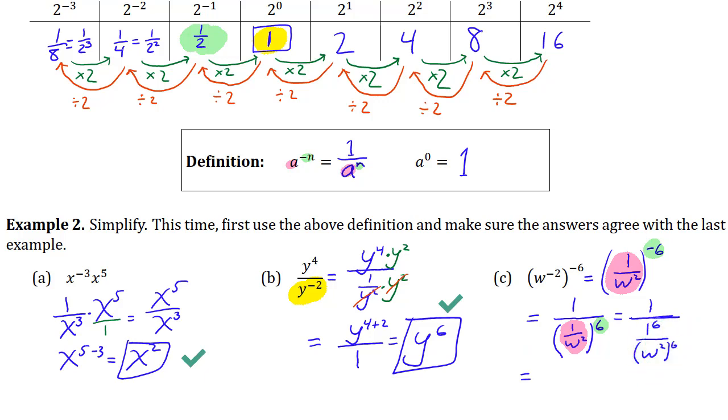And w squared to the power 6, that's a power to a power. The rule says that you multiply those exponents to get w to the power 12. So this is 1 all over 1 over w to the 12th power. So it's a fraction within a fraction again. I'm going to simplify it by multiplying both sides by the denominator to cancel out that denominator there. So that cancels out, you just get w to the power 12.